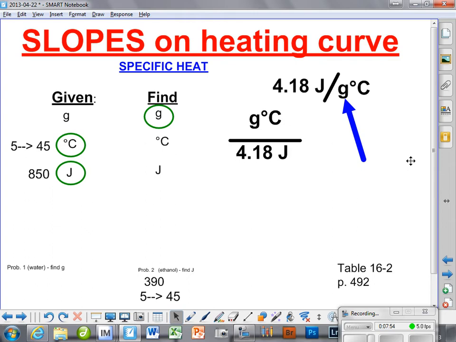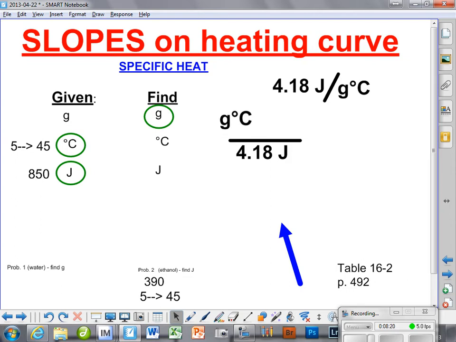You'll notice that the grams and the degrees centigrade have to travel together. What else travels together, James? No, they don't travel together.